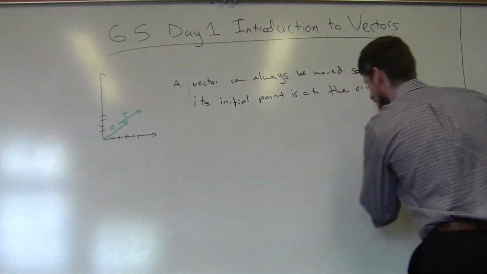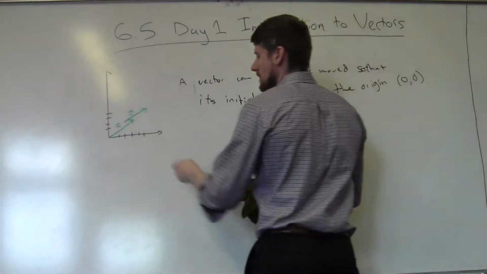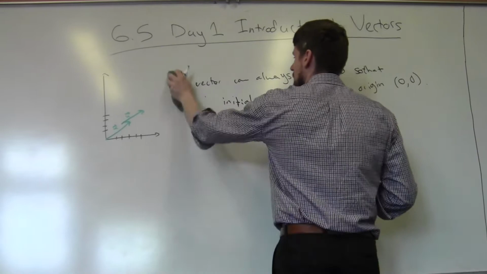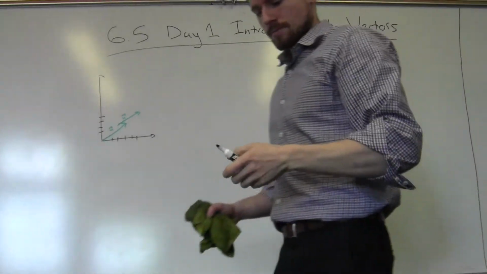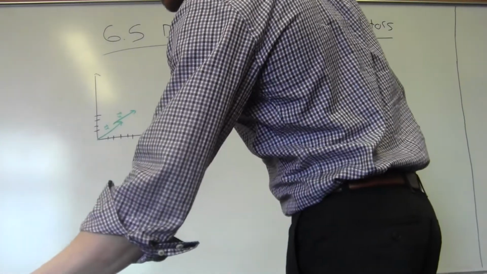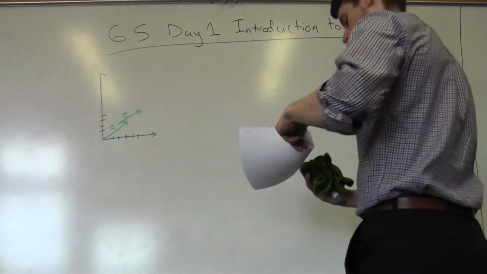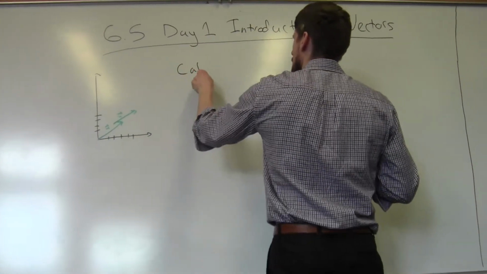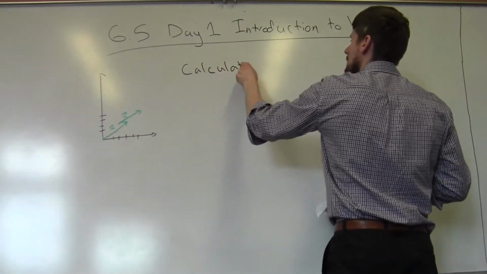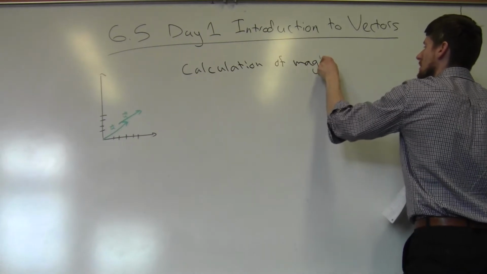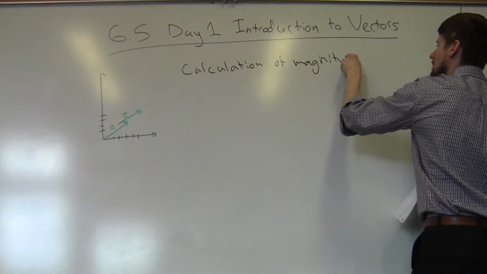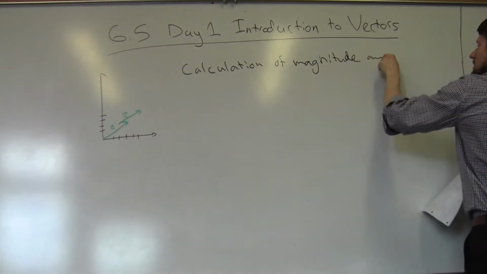For the case of u here, you would take the square root of 2 squared and 3 squared. So, calculation of magnitude and direction.